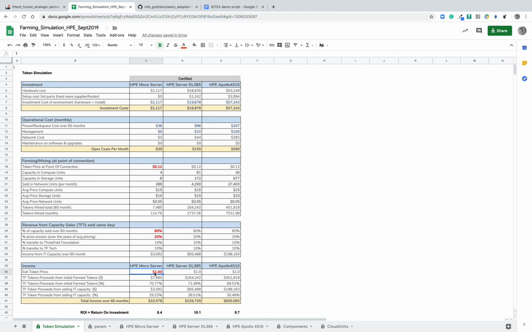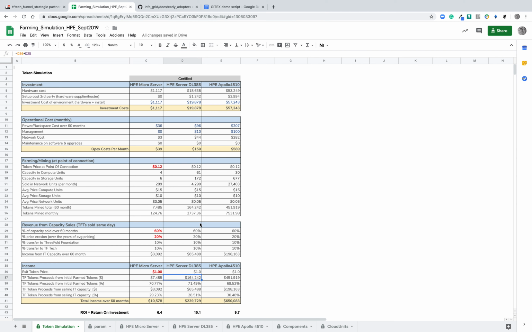So we believe that that undervaluation over 5 years will catch up, and the token will have a liquidity which makes it truly represent the value that it has in terms of actual sales value on the net, as in it will be on par with what capacity is being sold at. We say after 5 years that you have a $1 exit token price.